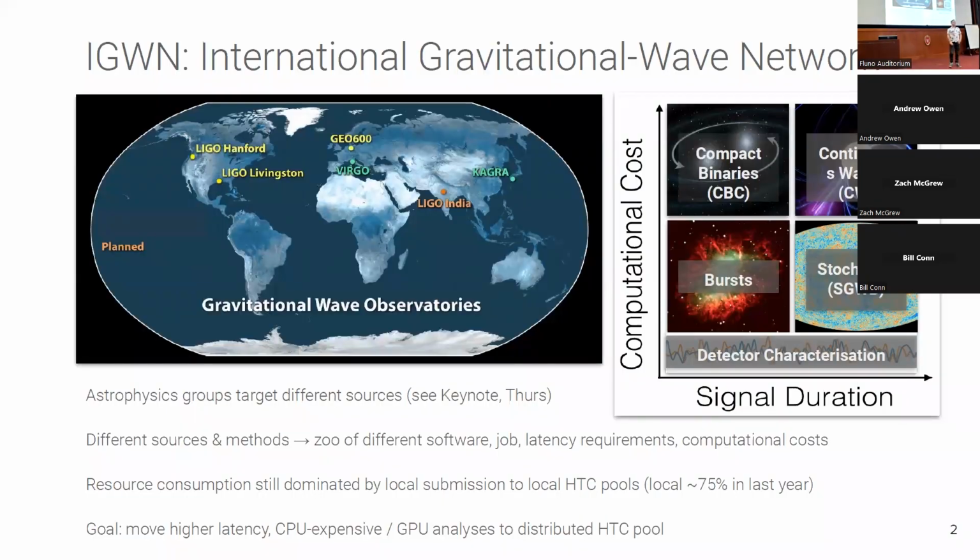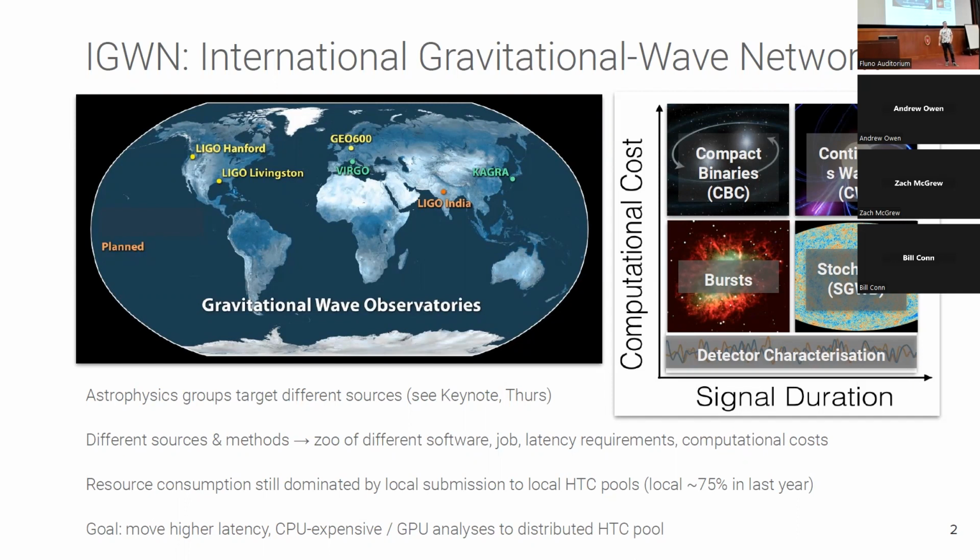Okay, so if you're not familiar with the branding, IGWN is the modern terminology for the broader gravitational wave network community, the collaboration of collaborations. So, LIGO, Virgo, KAGRA, and of course, GEO. Within IGWN, we have a bunch of different astrophysics groups targeting different sources with lots of different methodologies. I'm not going to say anything about the science here.